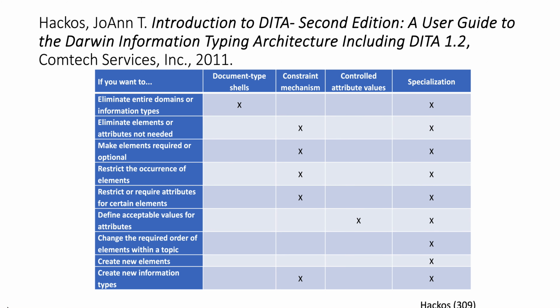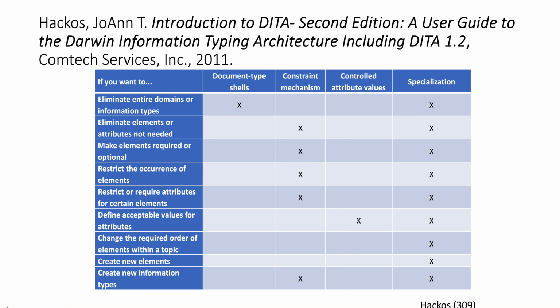If you want to do the things in the left-hand column there, eliminate domains or information types, eliminate elements or attributes, etc., there's a little X in the column regarding the best mechanism to do that. You can use document shells, for example, to eliminate entire domains or information types, or you can use a specialization. As you can see, that specialization column can do all of these things, but there are easier ways.